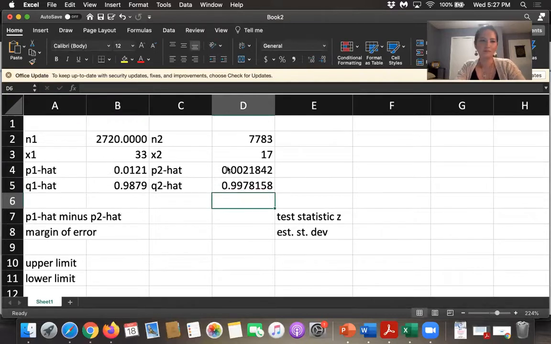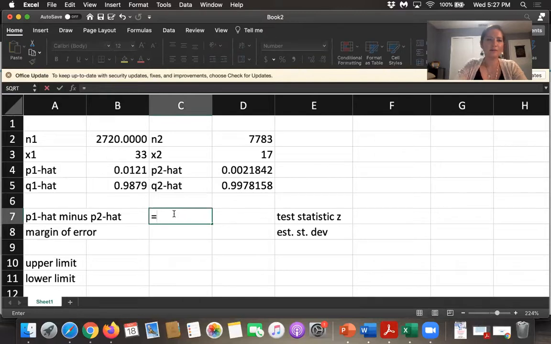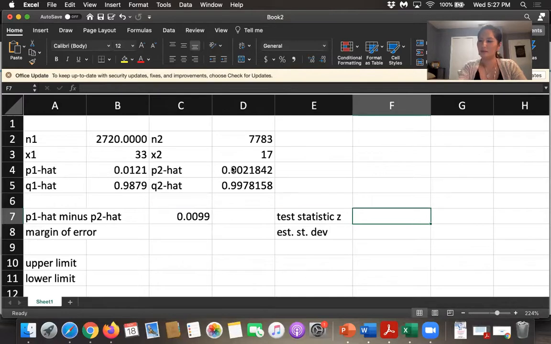Okay. Now, in order to compute this test statistic Z, what we need is P1 hat minus P2 hat. So I'll enter that here. P1 hat minus P2 hat. So that is our difference. It's what I got on my paper too. That's good.